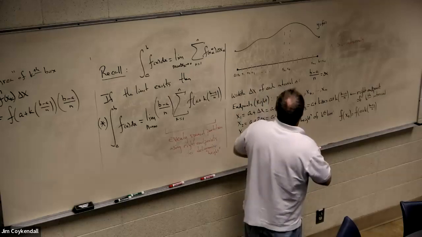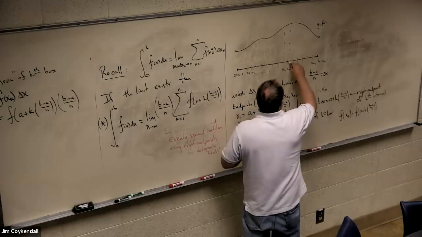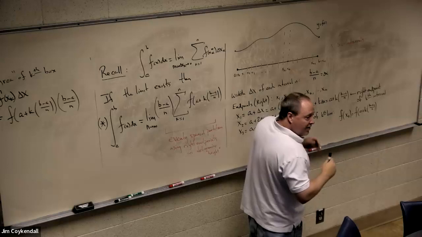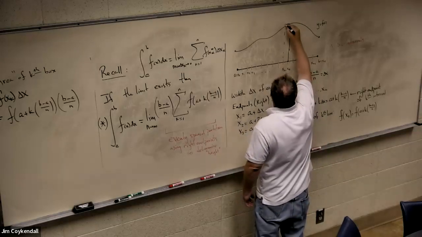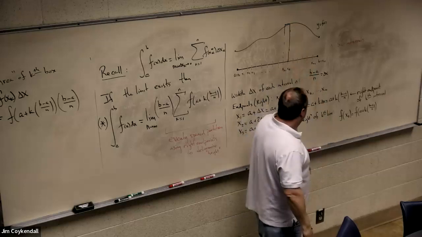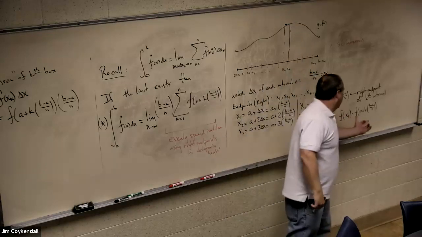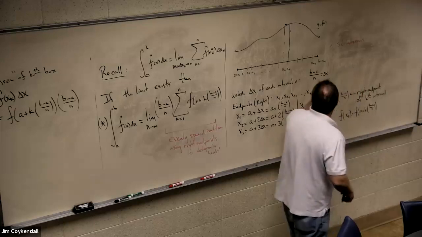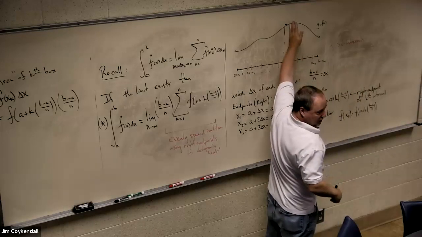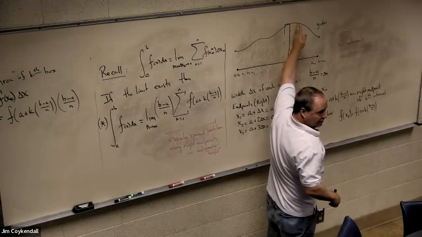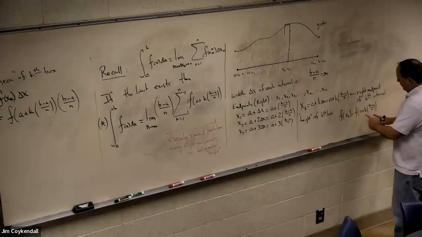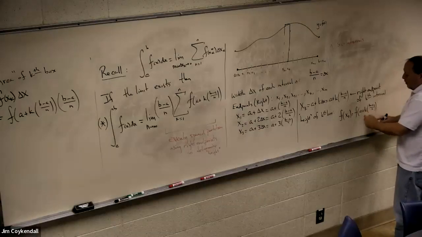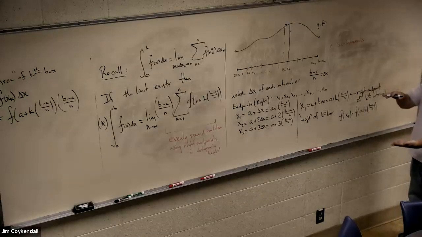This is just xk. It's my test point. That's just a point. I've got to plug that into the function to tell me how tall that box is. So this is f of my test point that gives me a y coordinate that tells me how tall the box is.